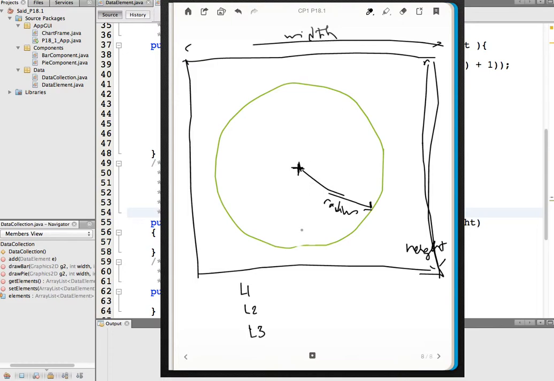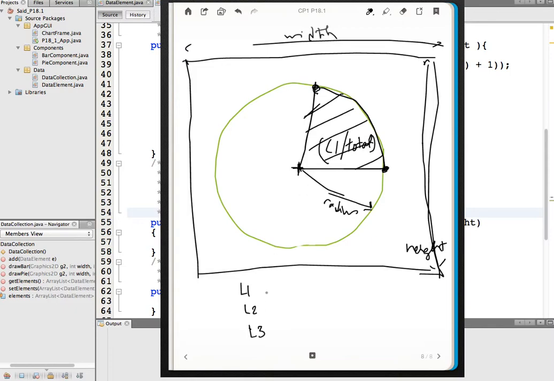So to draw length 1, length 2, length 3 in a pie chart, we're assuming that if we start from here, then length 1 will probably represent a slice like this. So length 1 is like an arc like that, starting from here and ending here, and this will not really be representing length 1, it will be representing a ratio of length 1 to the total.